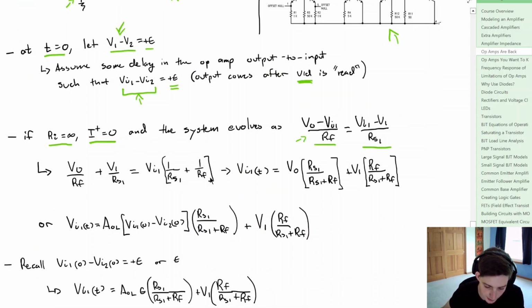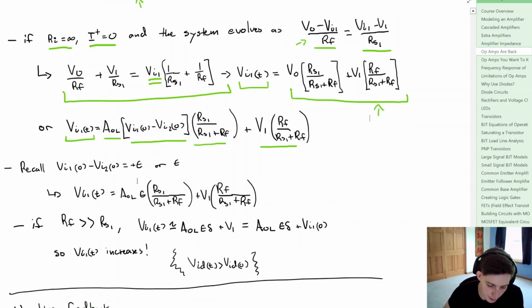So we can rearrange that to look something like this, where we isolate the input voltage at the terminal of the op amp. Because we're looking at a timing diagram, that is some function of t, equal to this term here. If the differential input voltage at t equals 0 is plus epsilon, we can see that the input voltage is equal to the open loop voltage gain times epsilon, that resistor combination, and that extra term.